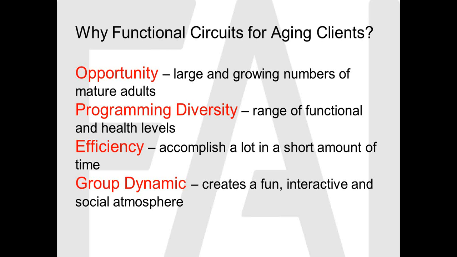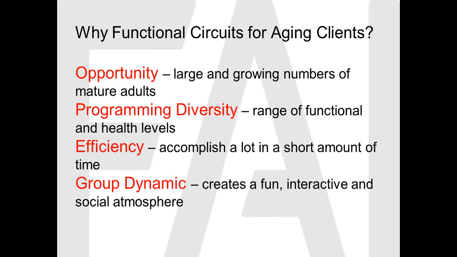When we go through our circuits and some of the examples, I'll show you how we mix that up, where we'll vary between certain aspects of function that we're working on and on different intensity levels, so that we can get a lot in a short amount of time and really keep it moving. It's very efficient, lots of energy. And that's where the group dynamic comes in. It really creates a fun social atmosphere. It's very interactive.